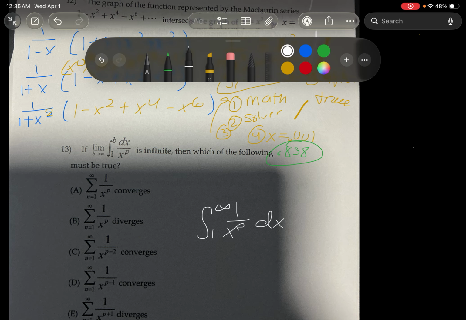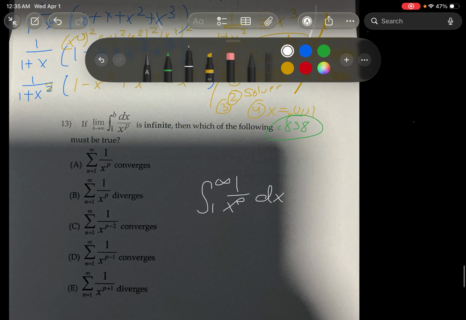And remember that if it's infinite, it diverges. So it's either going to be B or E. I don't even know why this is an option, because B is the obvious answer here.